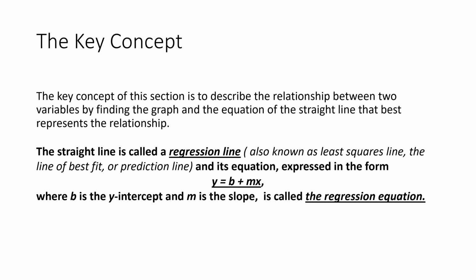And because statistics is a new science, it has many different terms that represent the same thing. So regression line is also known as the least squares line, the line of best fit, or the prediction line. All of these terms refer to a regression line.